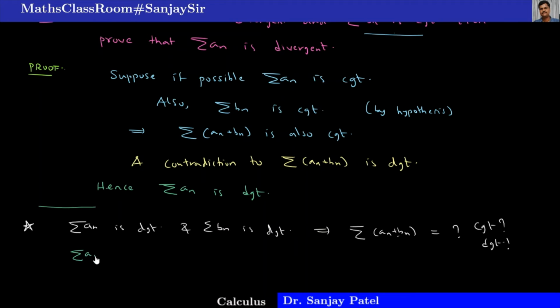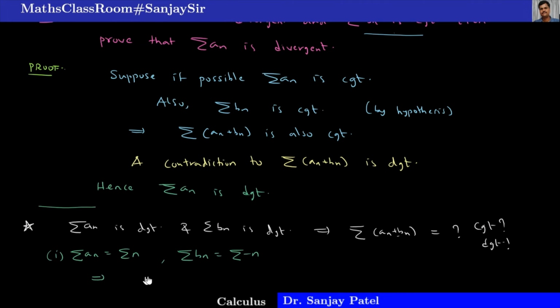Because if I take two series, say sigma an is equal to sigma n, and the other series sigma bn is equal to sigma minus n. Sigma n means 1 plus 2 plus 3 up to infinity. Sigma minus n means minus 1, minus 2, minus 3, minus 4, and so on. These two series we know both are divergent.